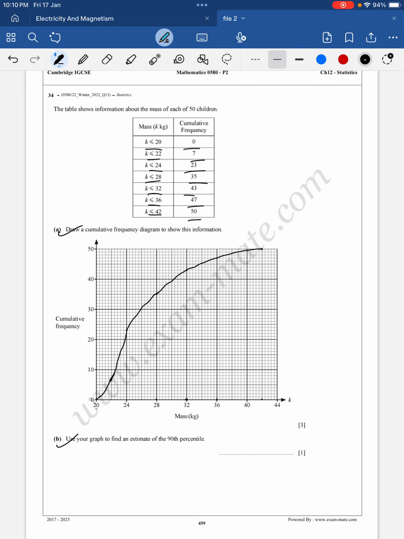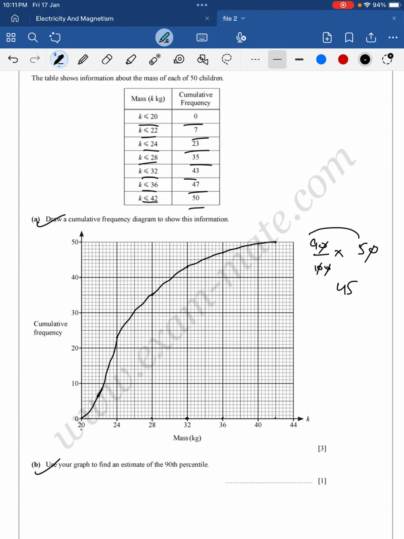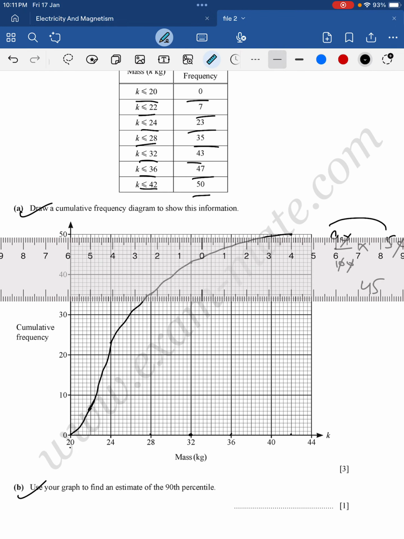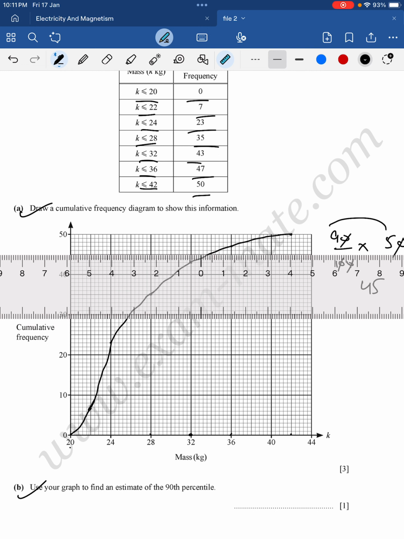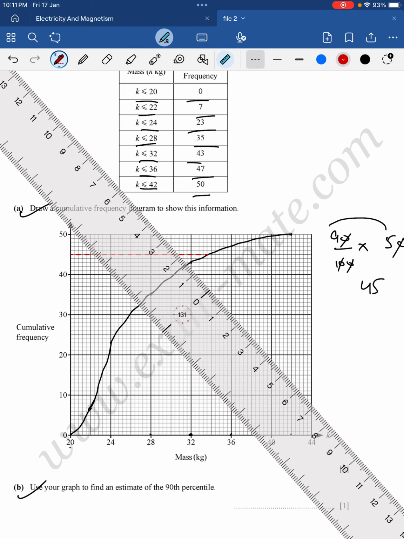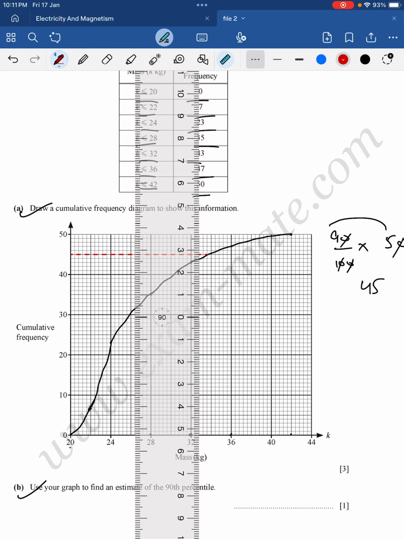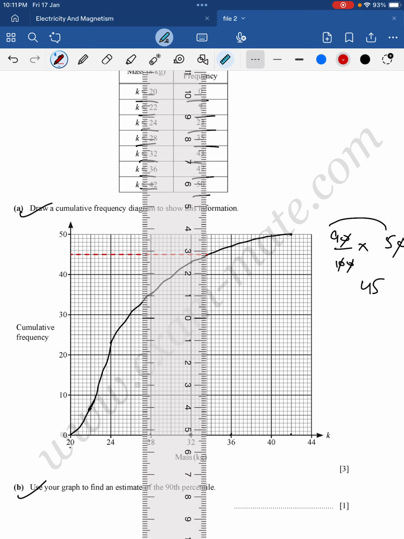90th percentile means I will be multiplying 90 upon 100, means 90 percent multiplied by the total frequency, that is 50. So 0 cuts with 0, and 9 5s are 45. So I will be using this 45 value from here, and then I will be using this, and then from here I will be using this.